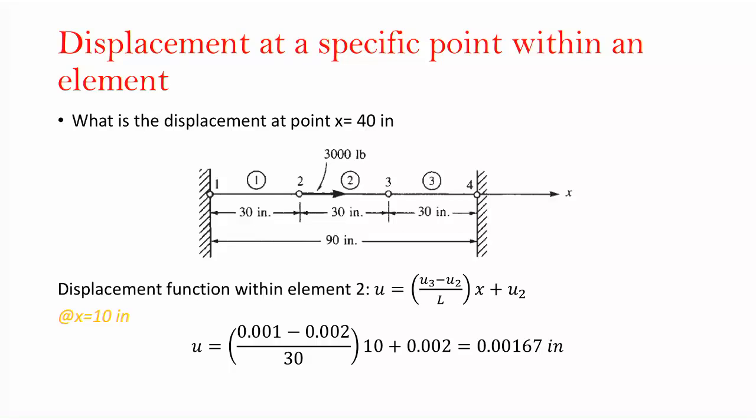So in the formula, U equals (U3 minus U2) over L times X plus U2. This is a displacement function within element 2.